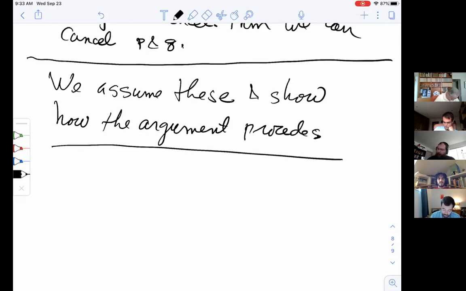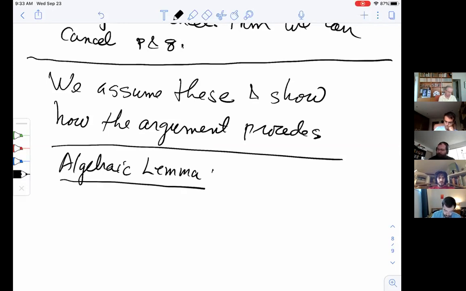All right. So we need an algebraic lemma related to the question that was raised earlier about how we know there are enough critical points at level k+1 to cancel critical points at level k.